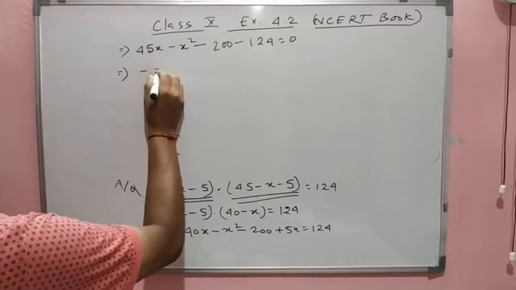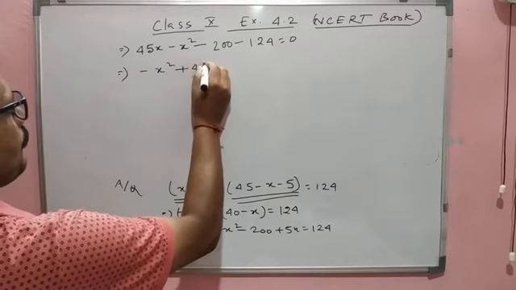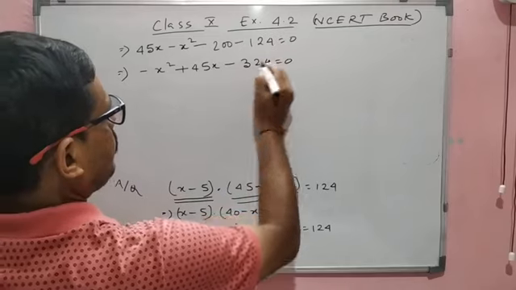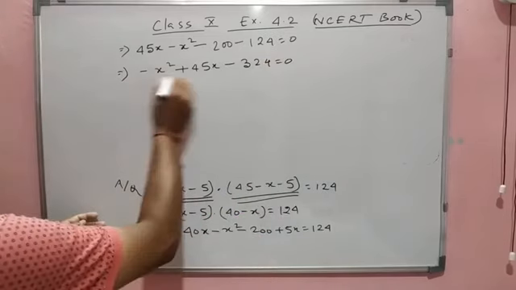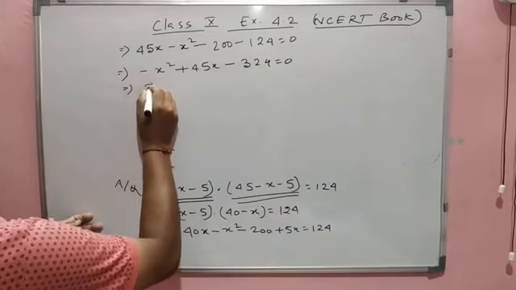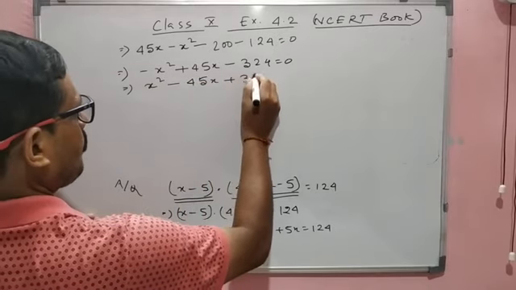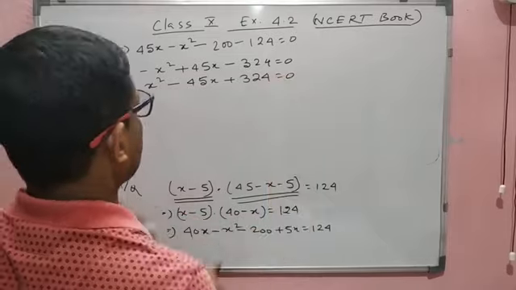Now it will be minus x square plus 45x minus 324 equal to 0. Now multiply the equation by minus, so it will be x square minus 45x plus 324 equal to 0.